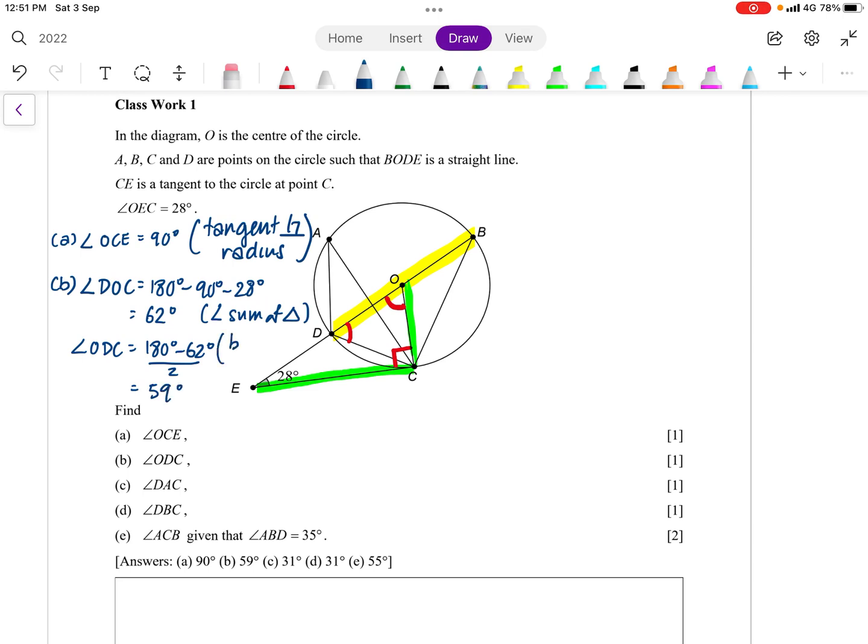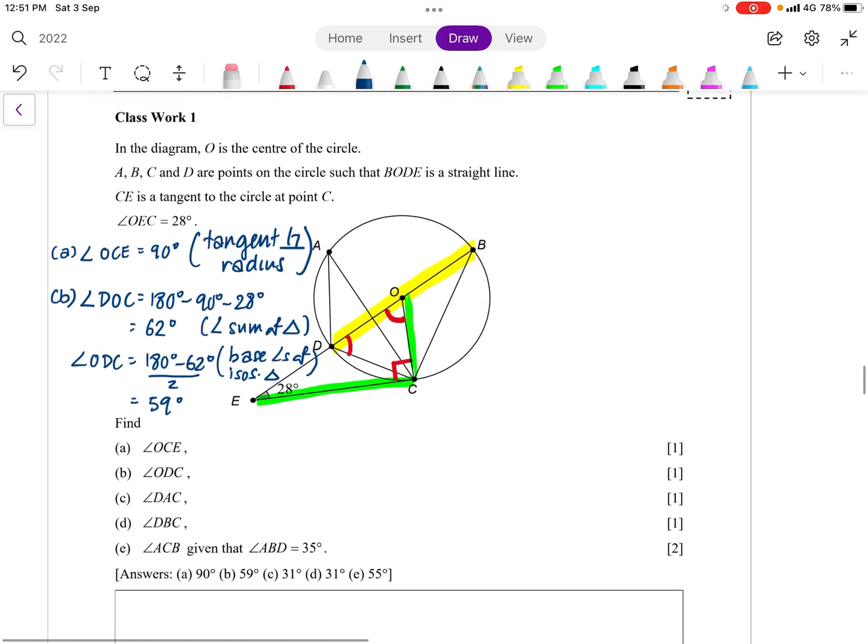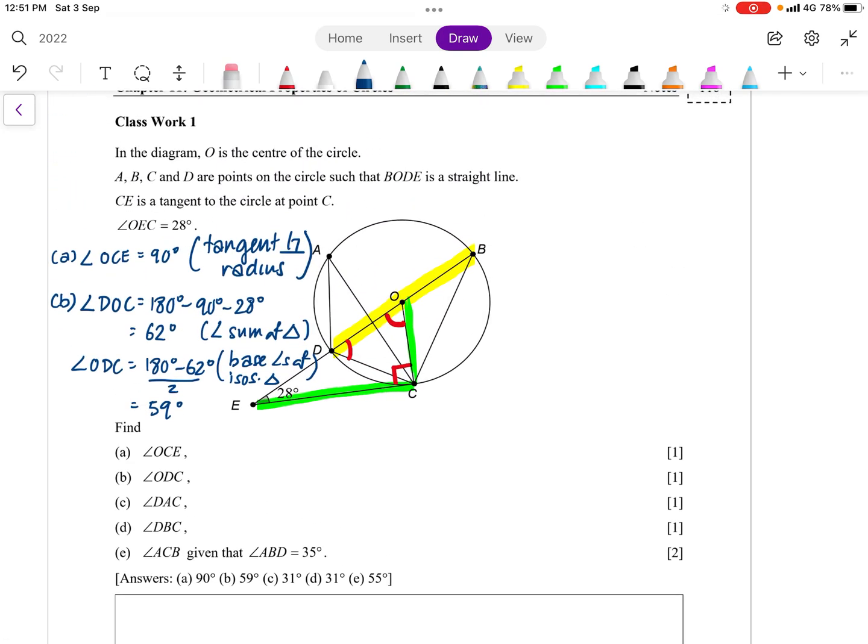Okay, for this reason, it's base angles of isosceles triangle. I'm writing my answers here, but for your case, you write below. I'm writing here so that I can refer to the diagram and show you what I'm doing.